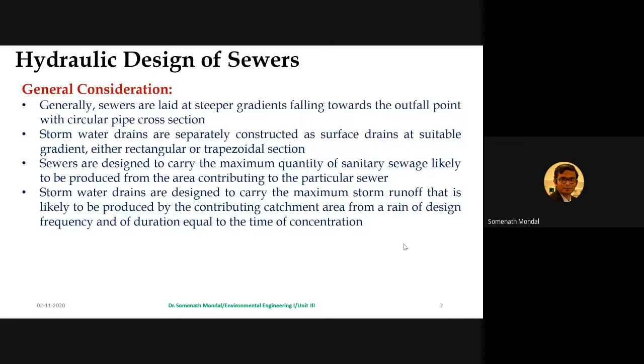While talking about water supply, you first try to understand the population forecasting. Once you do that, you understand how much the population will be after a certain number of decades. Accordingly, you can understand the overall water consumption, and consequently the overall sewage production, and so you get the maximum quantity of sanitary sewage which is going to come in a particular sewer. Keeping that in mind, you can simply design.